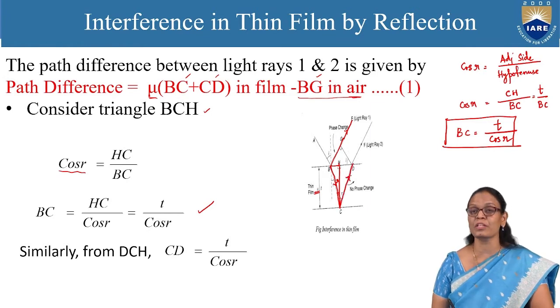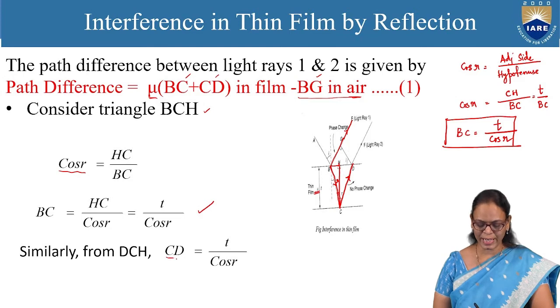If you see from the geometry of the figure, it is symmetric and the distance traveled is the same. Because it's reflection, we know the angle of incidence is always equal to the angle of reflection and the angles are the same. So the sides will be the same from similar triangles. So CD is equal to T upon cos R.